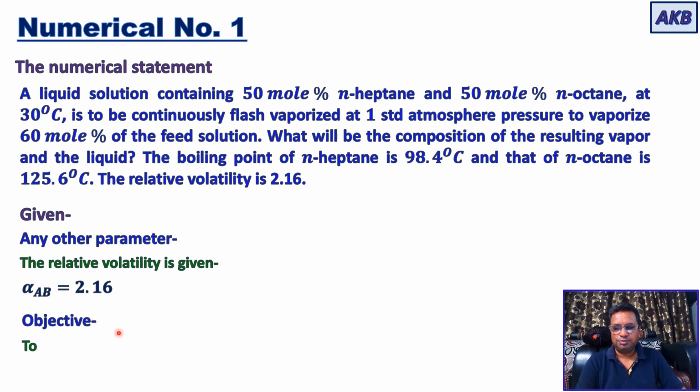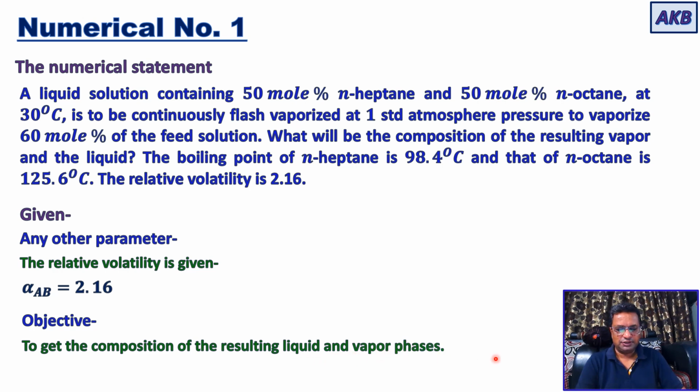Okay. And what is the objective? The objective is to get the composition of the resulting liquid and vapor phases. If you want to show it by a simple schematic diagram, you can show it like this. You have this operation. Then feed is passed.